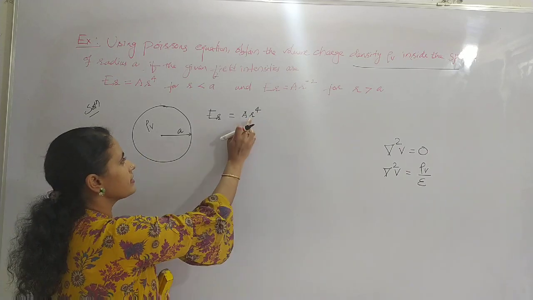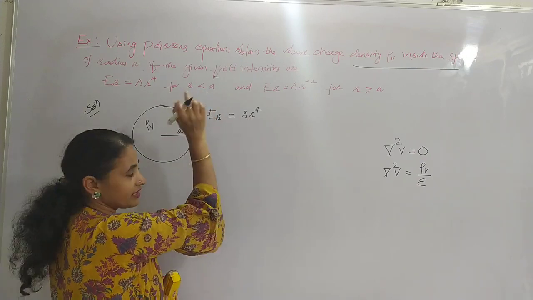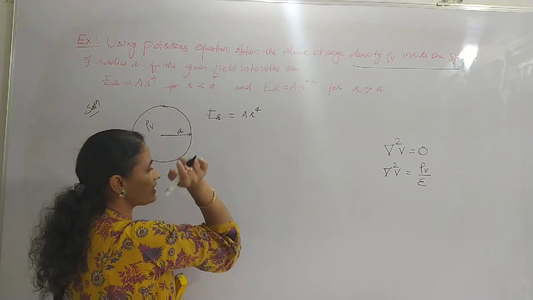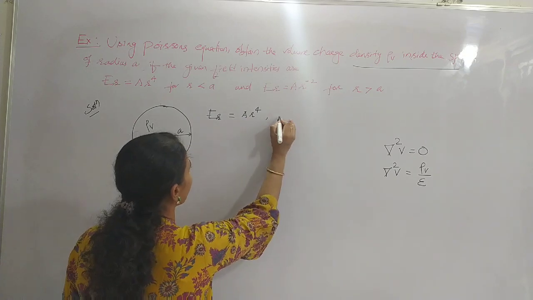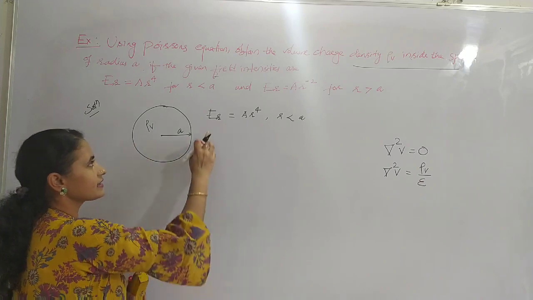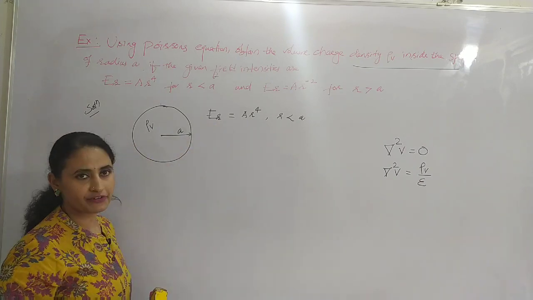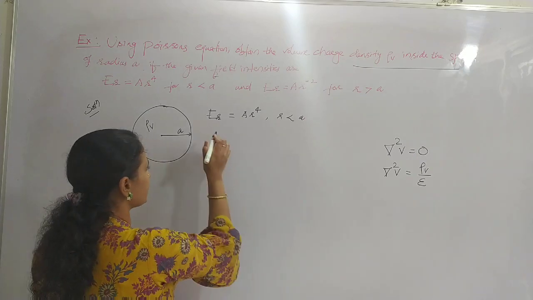What is this R? This is the electric field when R is less than A. When R is less than A, this is the electric field intensity, the magnitude of the electric field intensity.